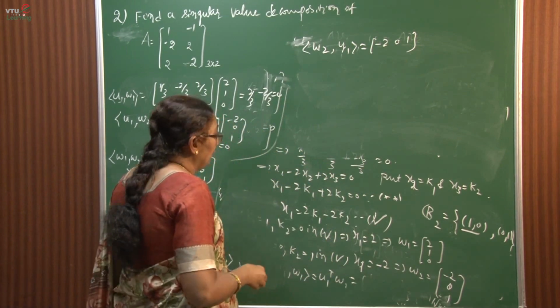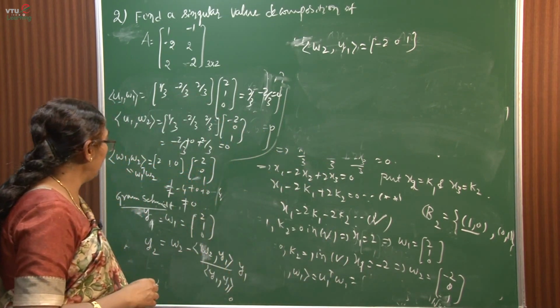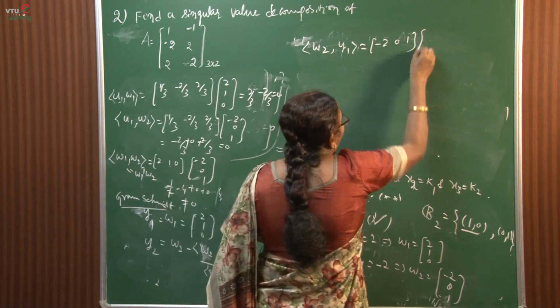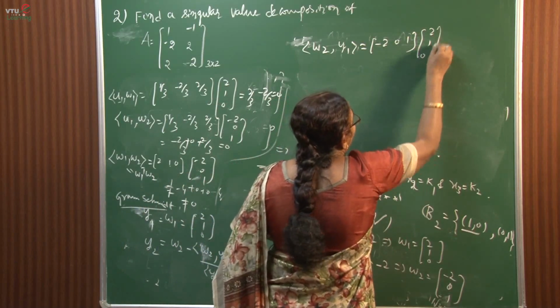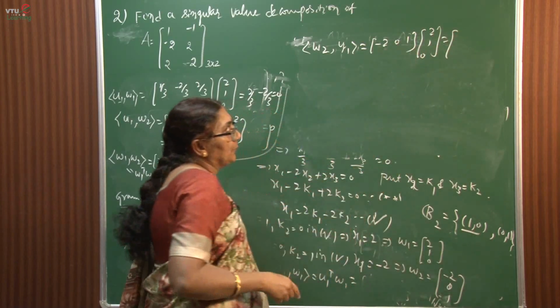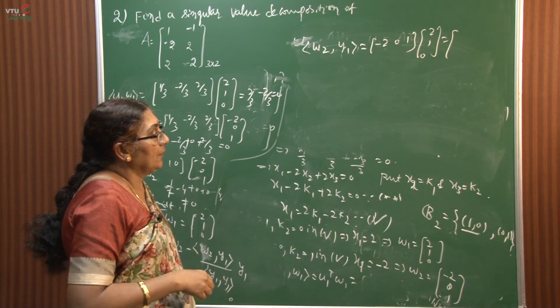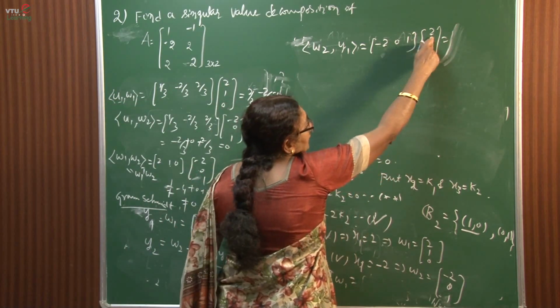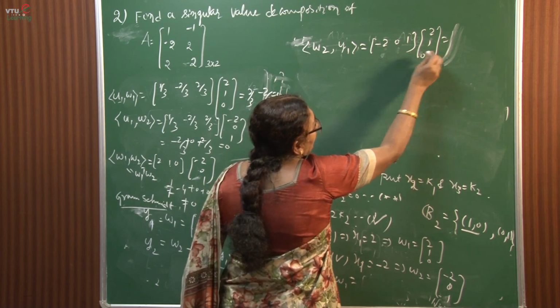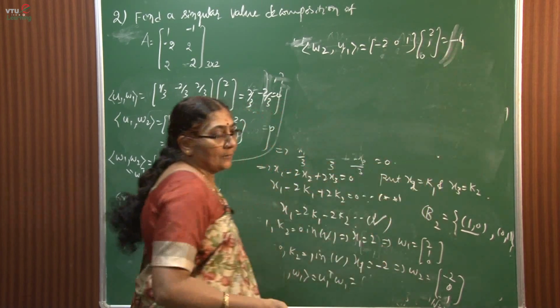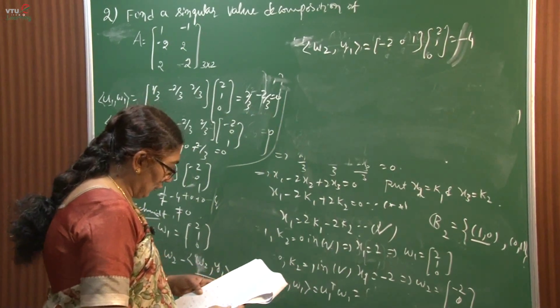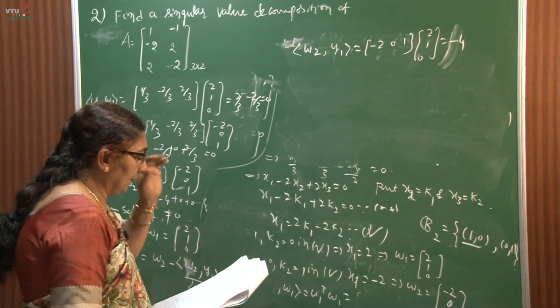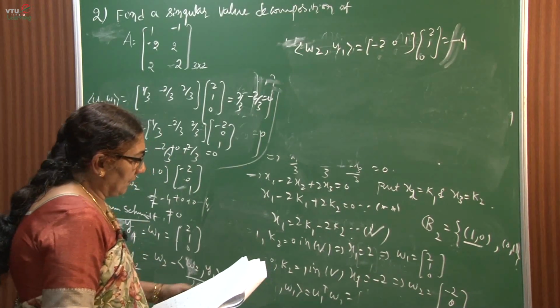Multiply by Y1, which is 2, 1, 0. What do we get? Minus 4. Now observe carefully: minus 4 plus 0, we get only the value minus 4.